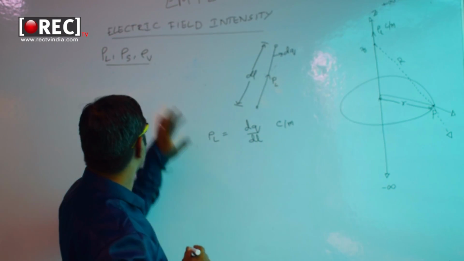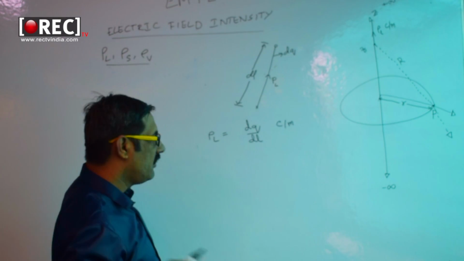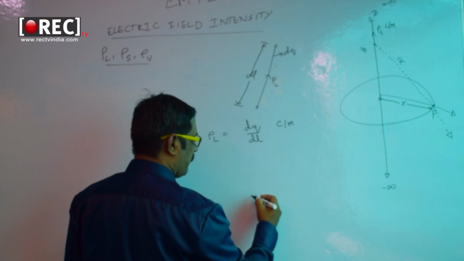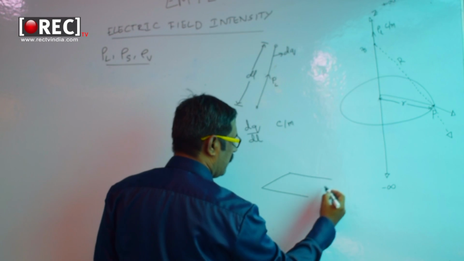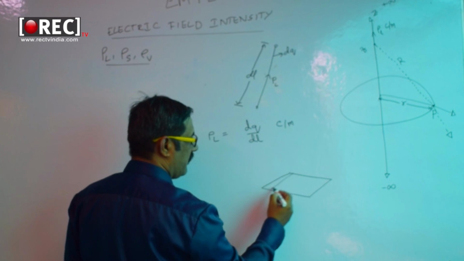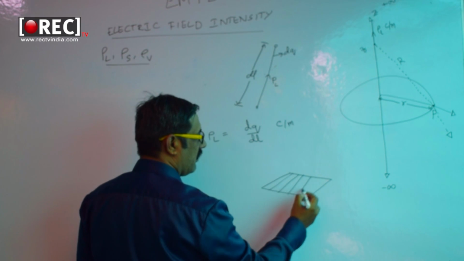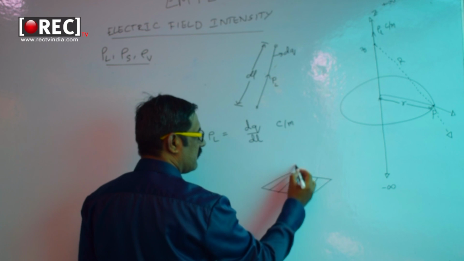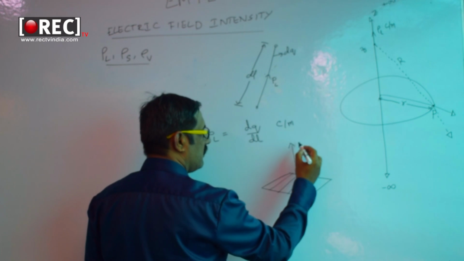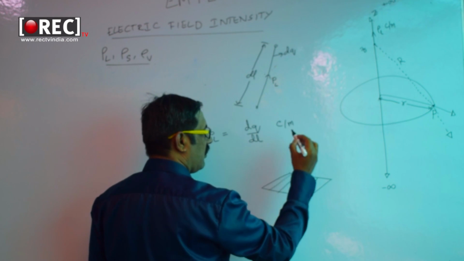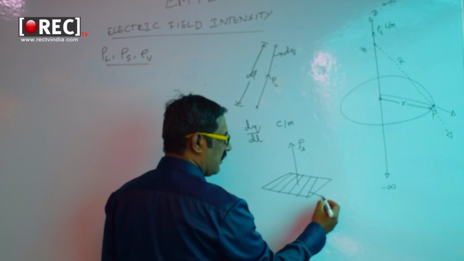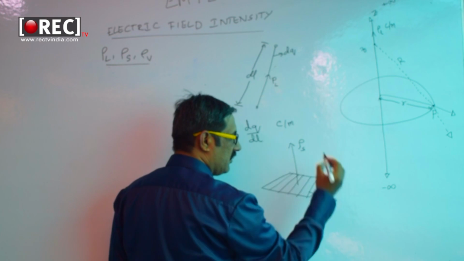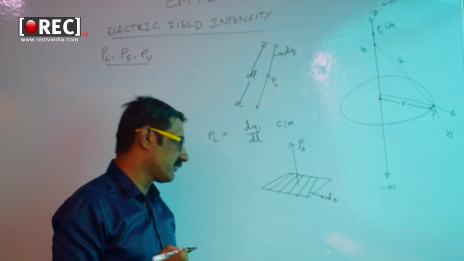Next, let me explain what surface charge density is. Let me take a simple surface like this with an area of cross section ds, containing a charge density of magnitude rho s, and let me say the area of cross section through which the distribution is there is ds.